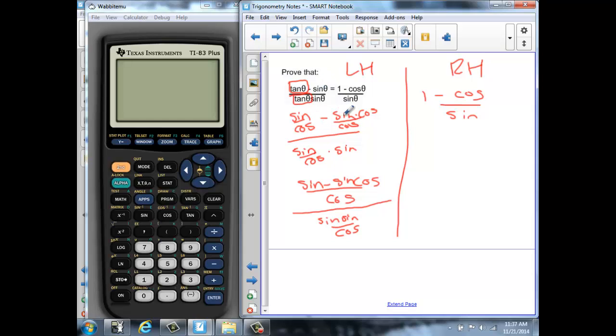Now that it's a fraction minus sine, I made common denominators by putting cos and cos right here and here, so that I now have common denominators. And then in this next step, I actually put those denominators together. So this top of the fraction is sine minus sine cos over just a single cos. That's what went here. But these guys were multiplied, so really this is like a sine over 1. So on the bottom of the fraction, you have a sine sine over just 1 cos.